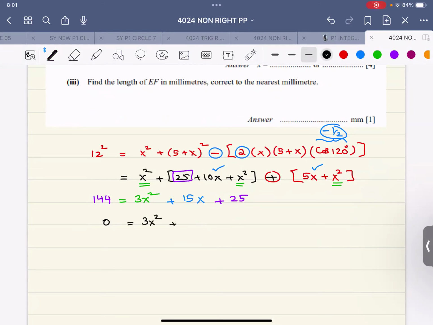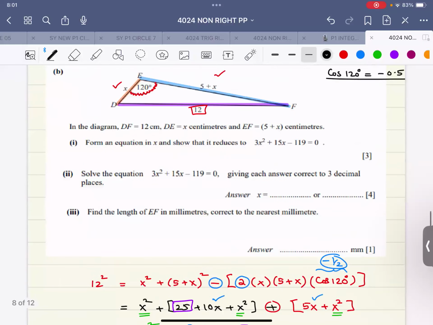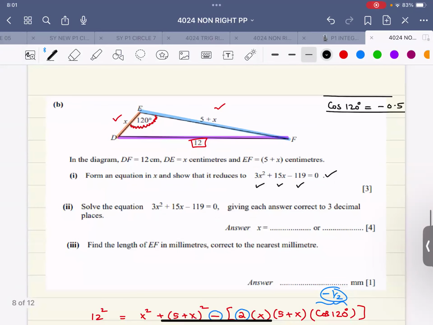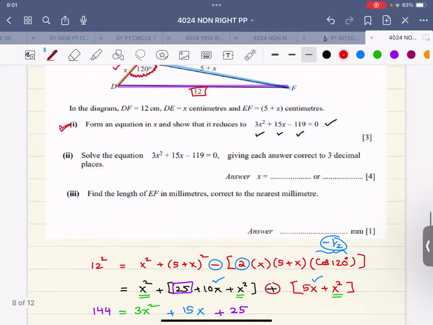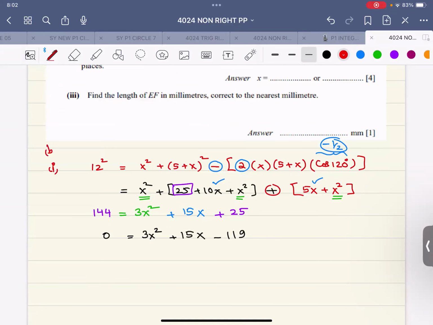This is 3x squared, this is 15x. And the difference between 144 and 25, that is 119. So this is negative 119. Let me double check. 3, 15, negative 119 equals 0. So I have done the first part correctly. Is this all good? All clear? This is B part 1. So now the first part is done comfortably.